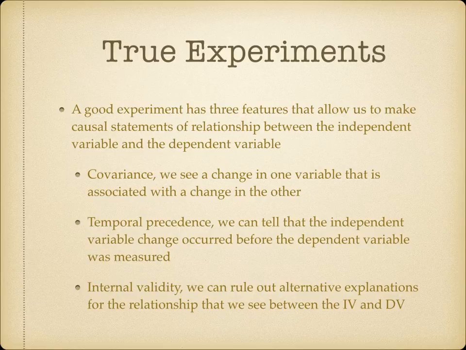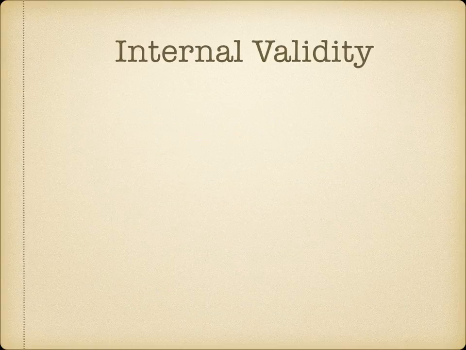Because as we're going to study in this chapter, there are numerous threats to internal validity, things that undermine our ability to say there's a causal relationship. We want to try to rule them out. Covariance and temporal precedence are fairly easy to establish and deal with. They're not really the big deals. They're logically important, but they aren't the hard stuff. The hard stuff is in issues of internal validity.